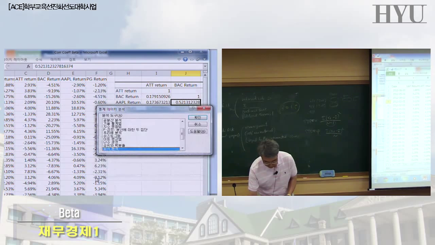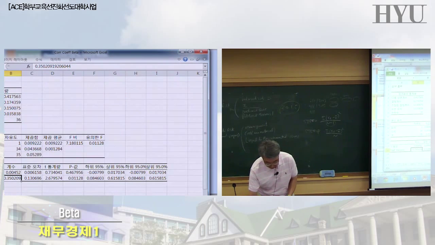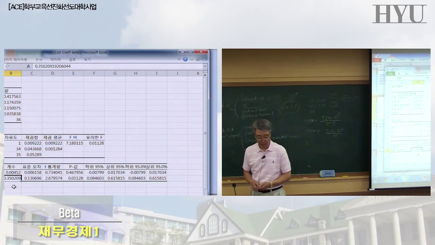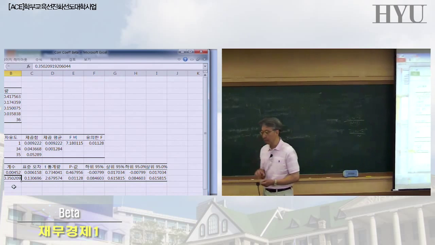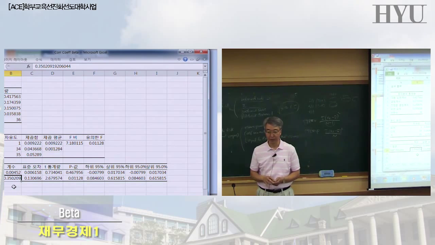So when you look at the output, you should have S&P returns here, and this number is beta. So beta came out to be 0.35. Someone interpret that for me. 0.35. What does that mean?